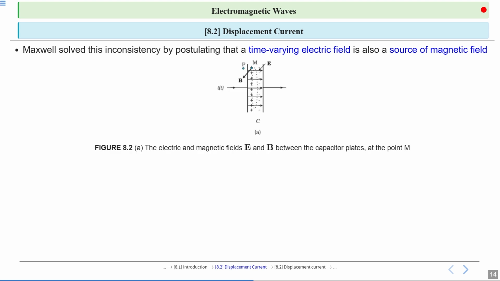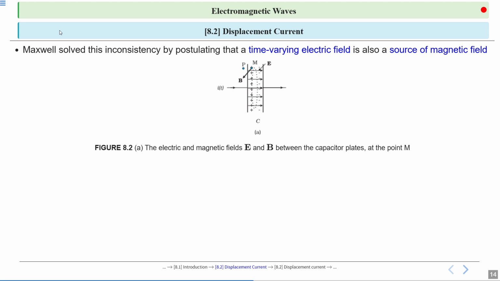Now you can see another diagram, figure 8.2a, the electric and magnetic field E and B between the capacitor plates at point M. A magnetic needle is placed here, showing deflection, and the magnetic field direction is shown by this arrow B. At this point P, again the magnetic needle shows the same deflection.